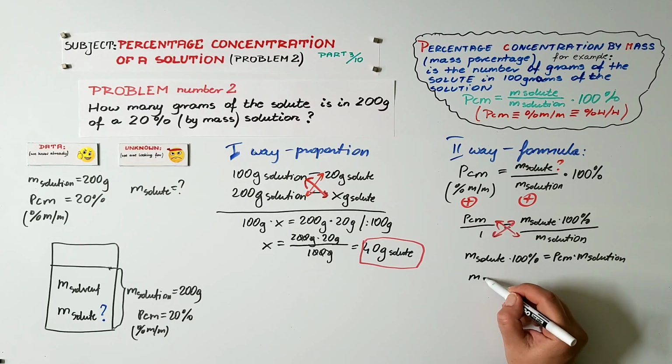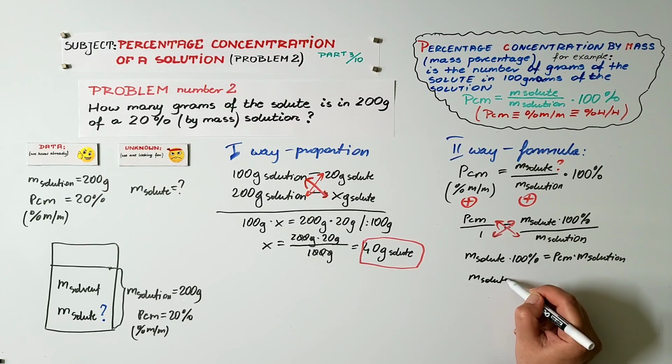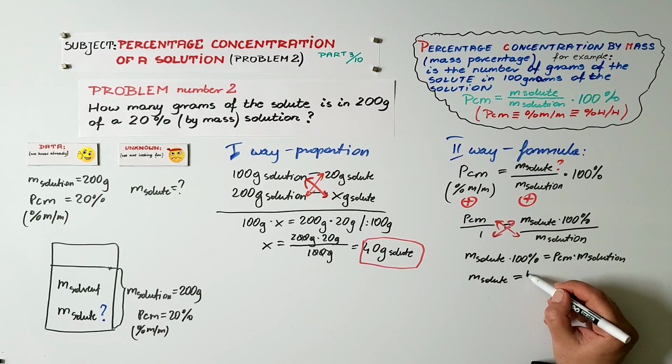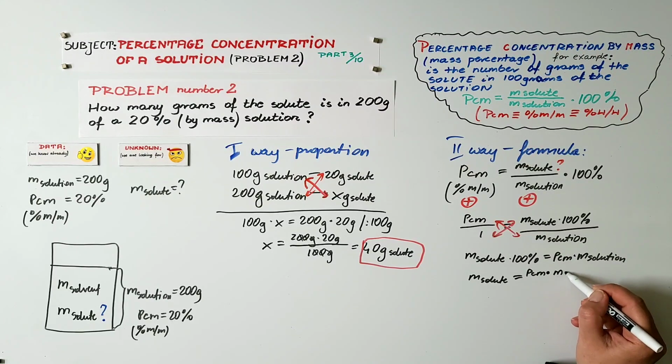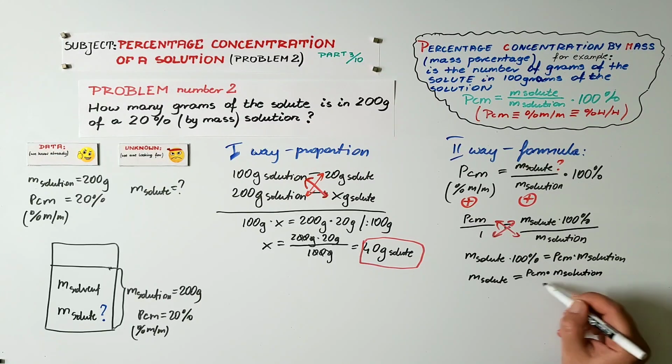So mass of solute equals percentage concentration by mass times mass of solution over 100%.